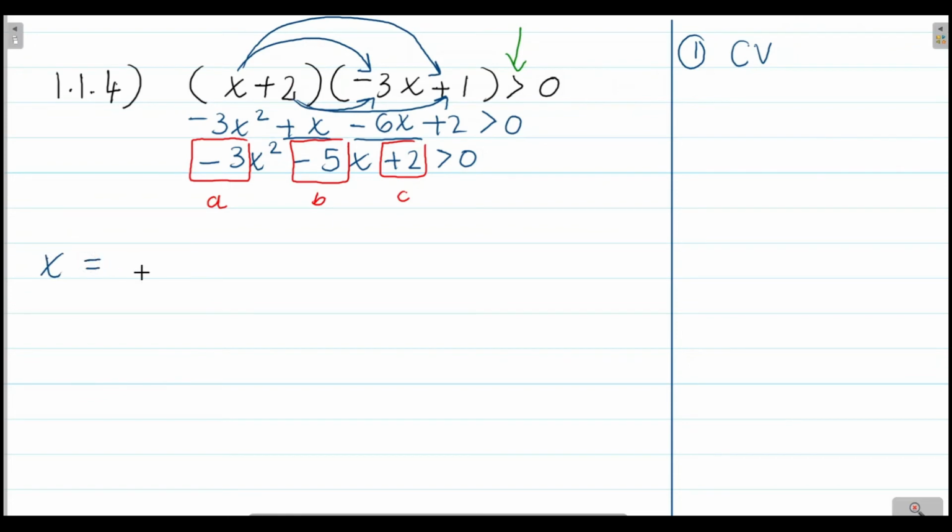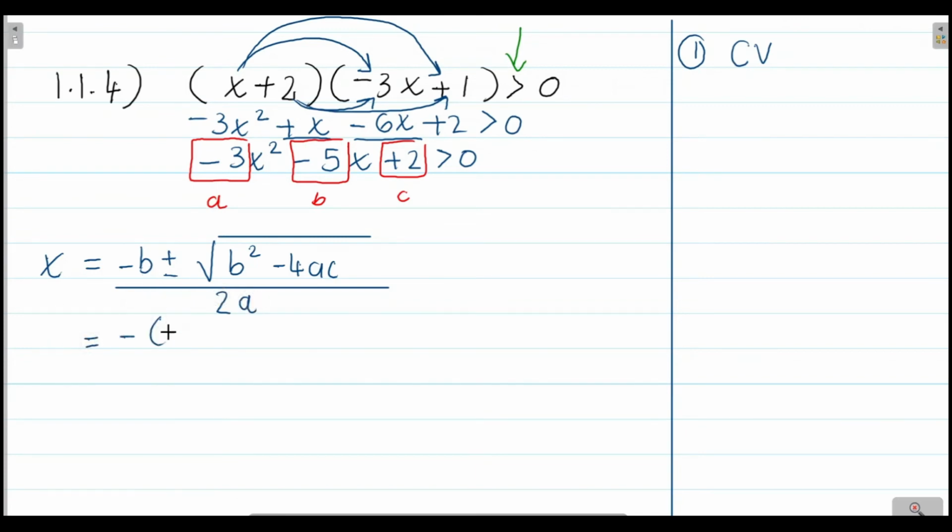So x is equal to minus b plus or minus the square root of b squared minus 4ac, all over 2a. Okay, substitute these values. So it's minus, what's b? It's minus 5, plus or minus the square root of, what's your b? It's minus 5 all squared, minus 4. What's your a?